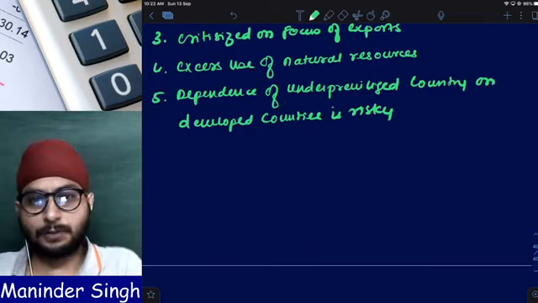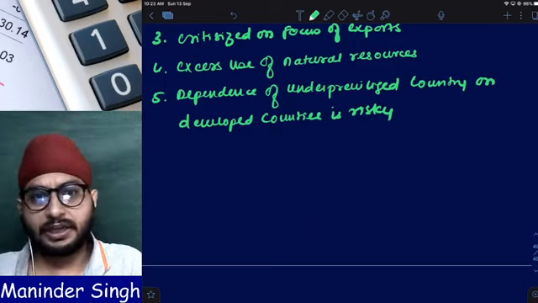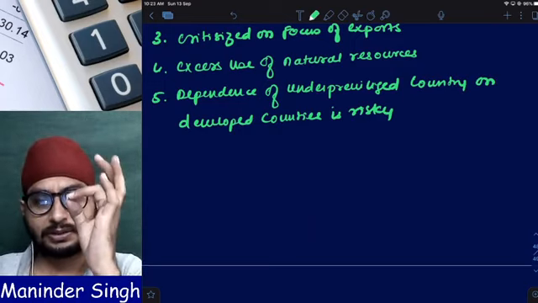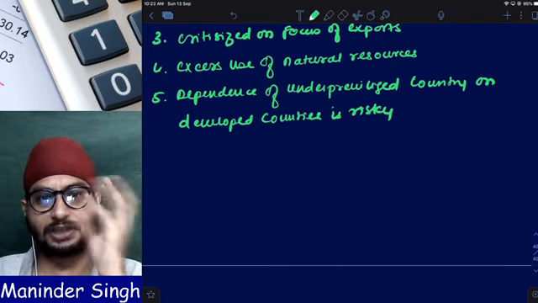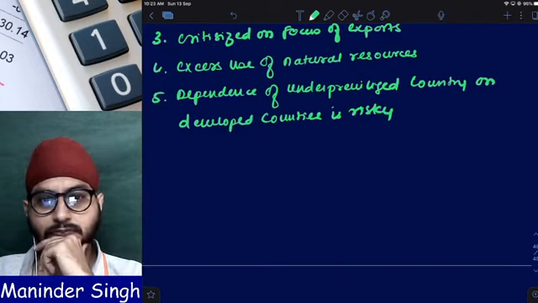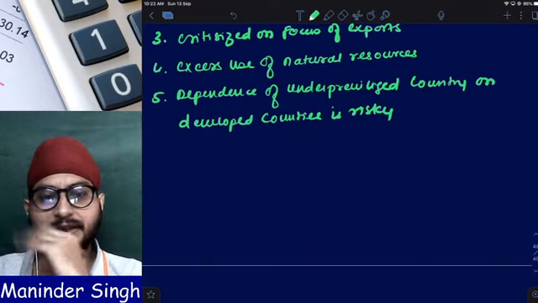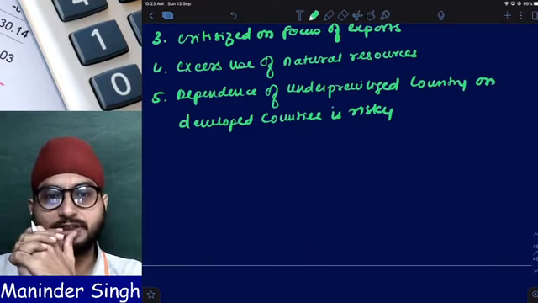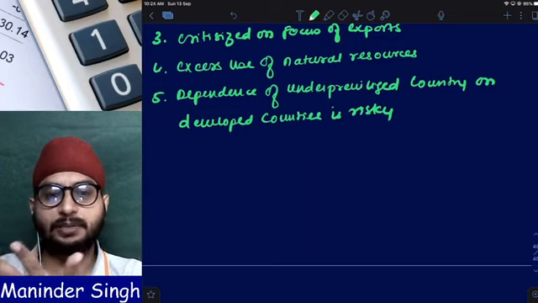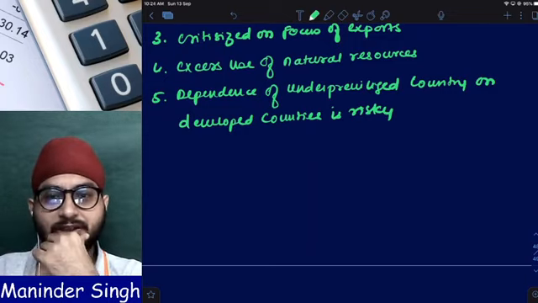Let us take an example of a developing country only. India is completely dependent on China for electronics, or not? China, Japan. Simple. More than 90% of the electronics available in India are made in China, made in China, made in China.